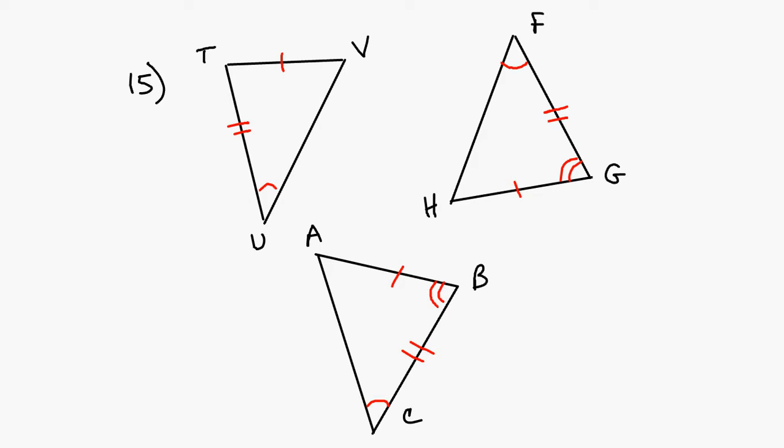The question is, which triangles are congruent by angle, side, angle? So you need an angle, an included side, and an angle.